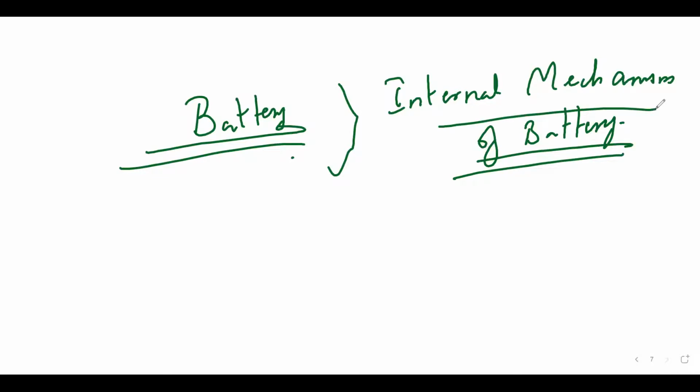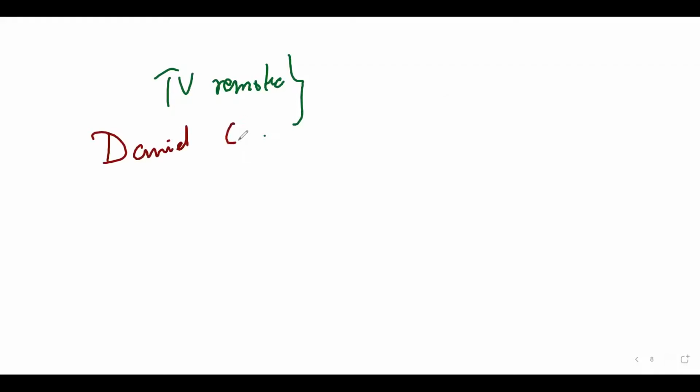So for that only, just to give you what is what, I just told. Now coming to our first battery, the battery which we use in our TV remote. Yes. That is called the Daniel cell. For that, I have to draw a simple diagram here.